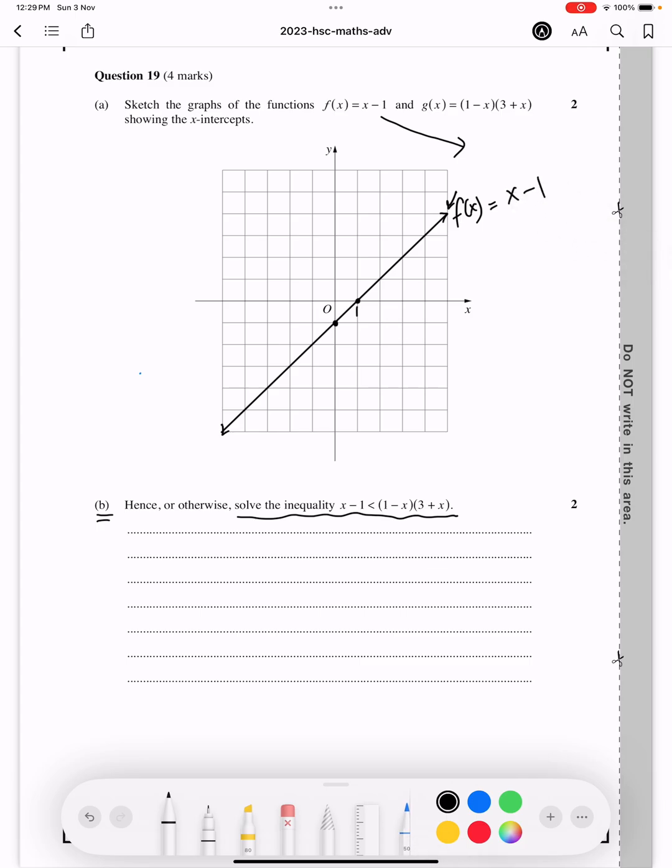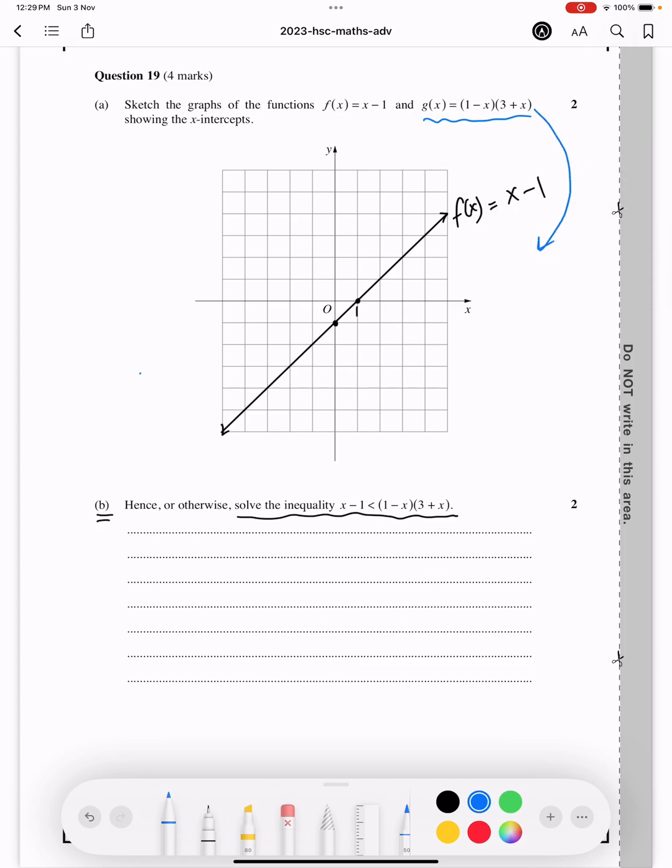Let's go ahead and choose a different color now for our second graph, g of x. Okay, so that's g of x right there.